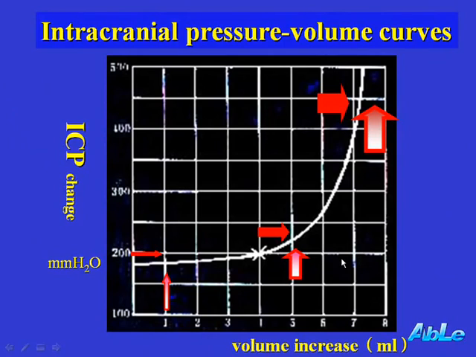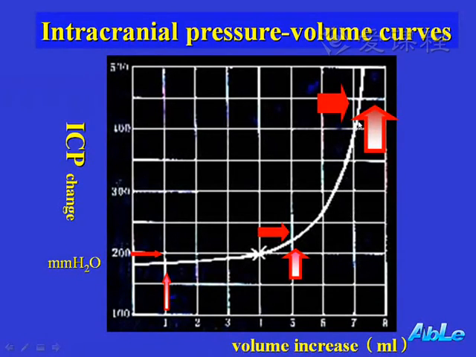So when a patient consults the doctor, we don't know in which state the patient's intracranial pressure remains. In this area, when the volume of the brain increases, there is just a very little change of ICP.